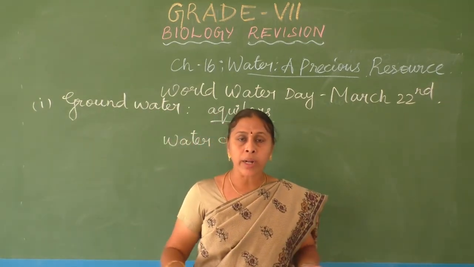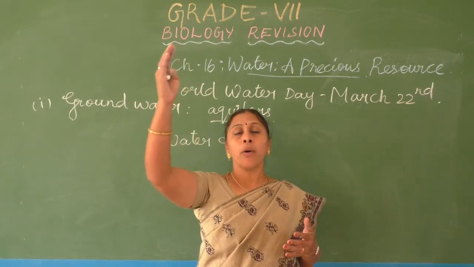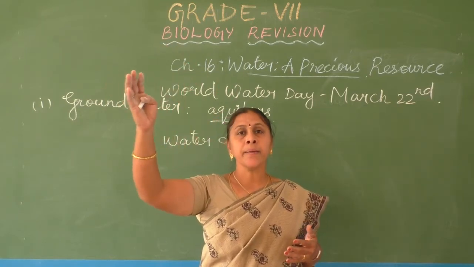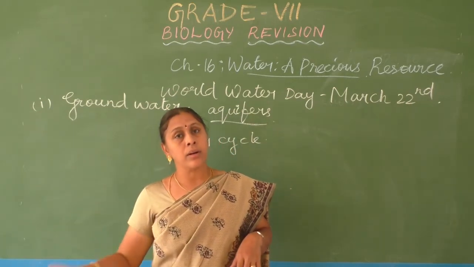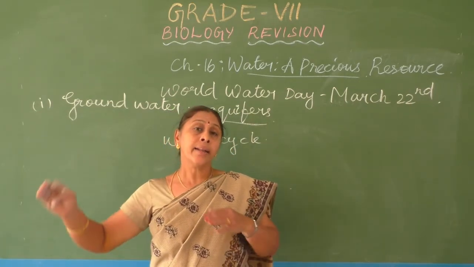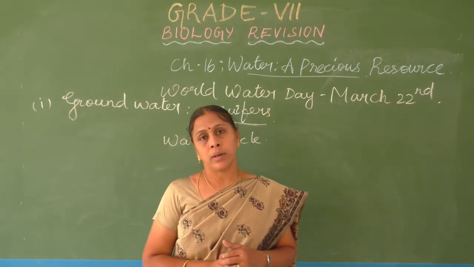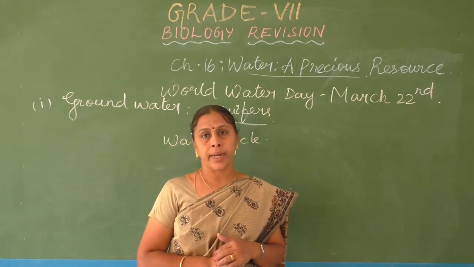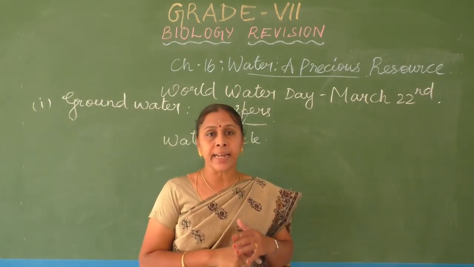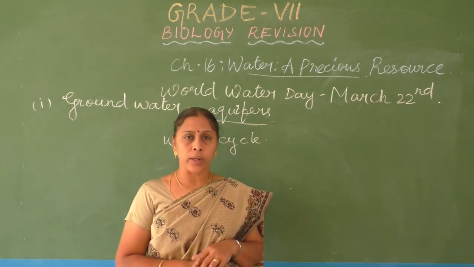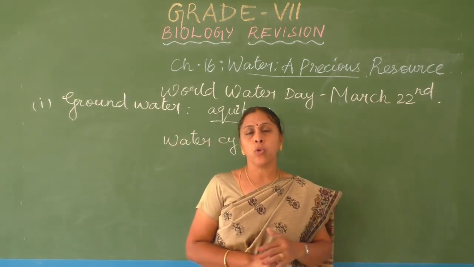That means from the water bodies, water will evaporate and form water vapor, and that water vapor condenses to form the rain, and the rain comes down and reaches the ground as groundwater. So like this, the water is maintained in a cyclic manner, that is called the water cycle, which helps in the maintenance of the underground water.